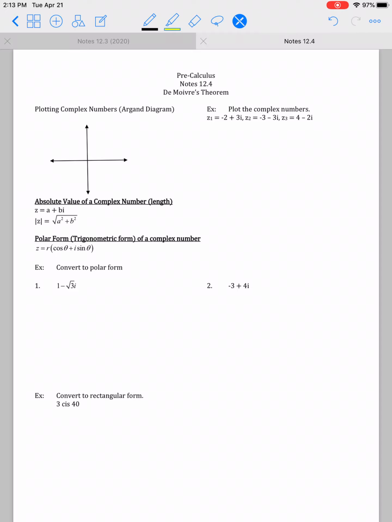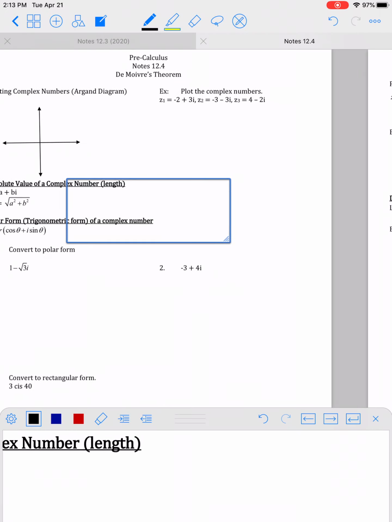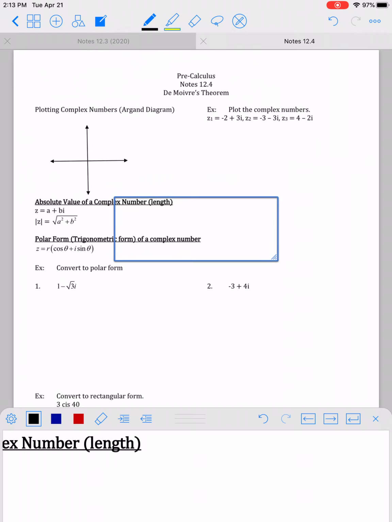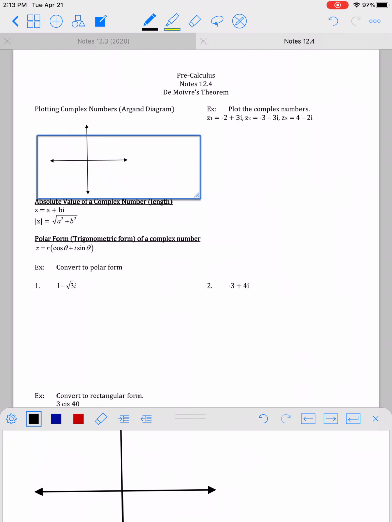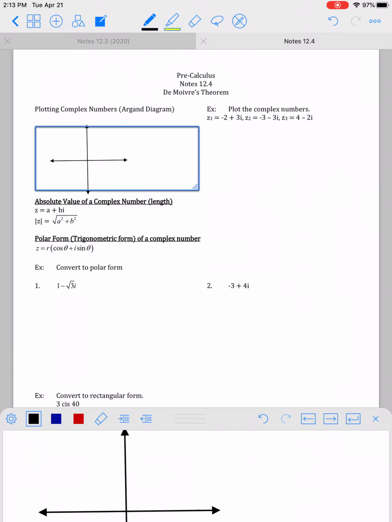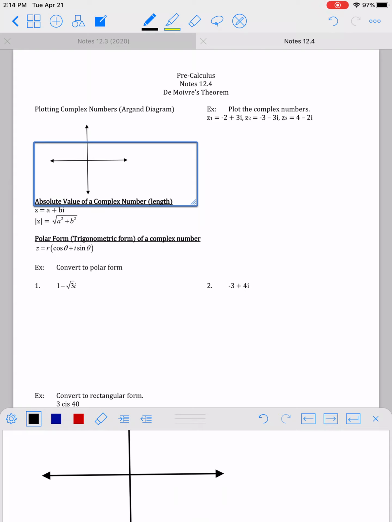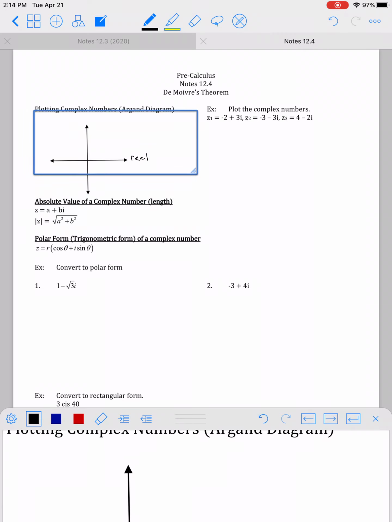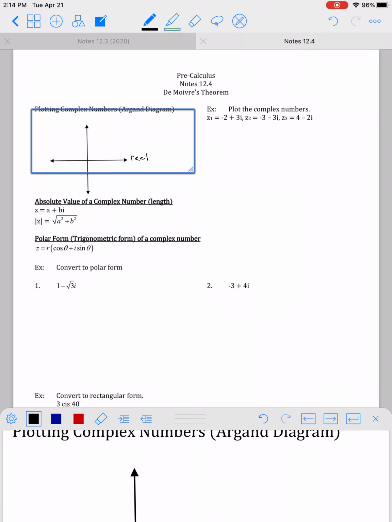So first of all, we are going to look at an axis here, and we're going to say that the x-axis is the real axis, and the y-axis is the imaginary axis.